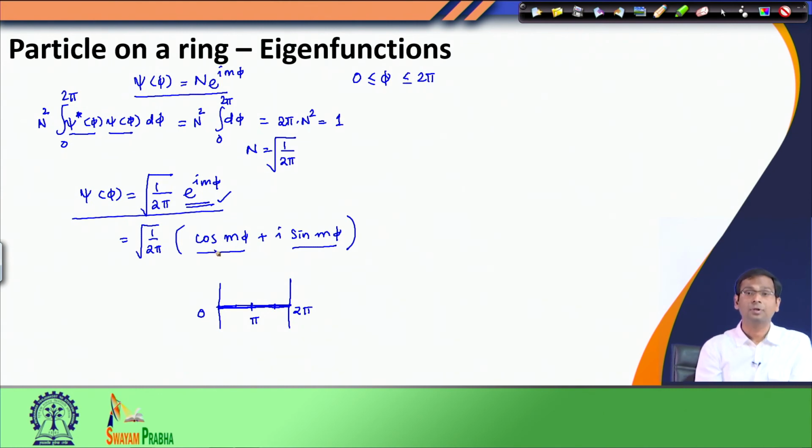If I have to draw the real part of the wave function, it is a cosine function, where when phi is pi, the function is minus 1, and when phi is 2 pi or phi is 0, the function is plus 1.